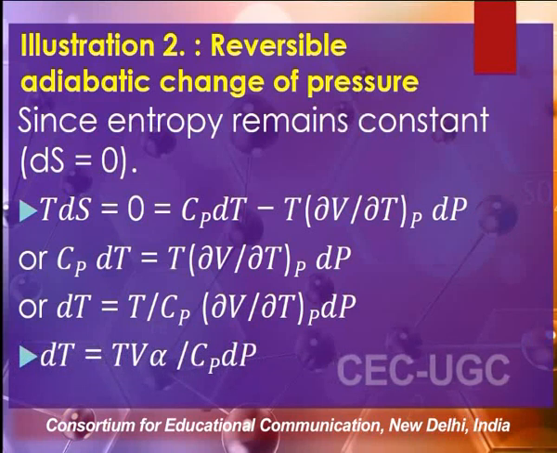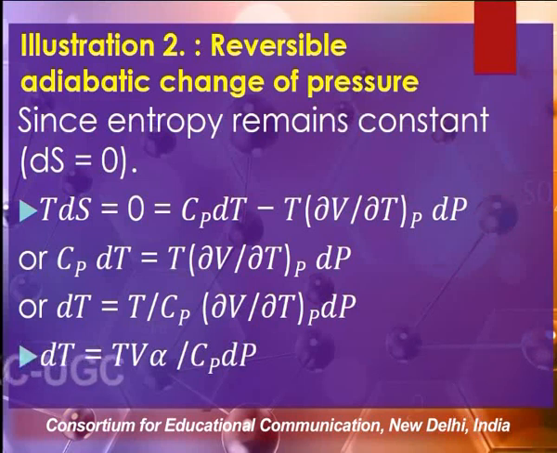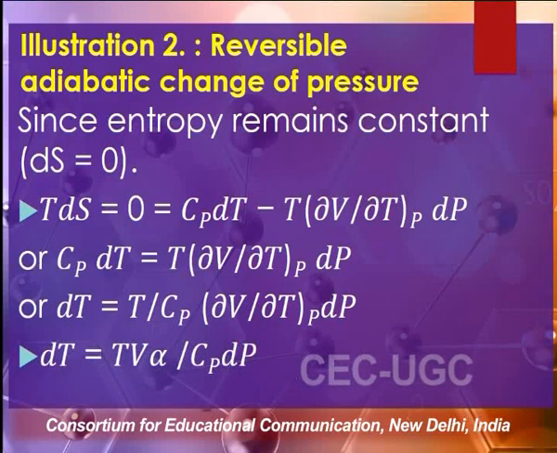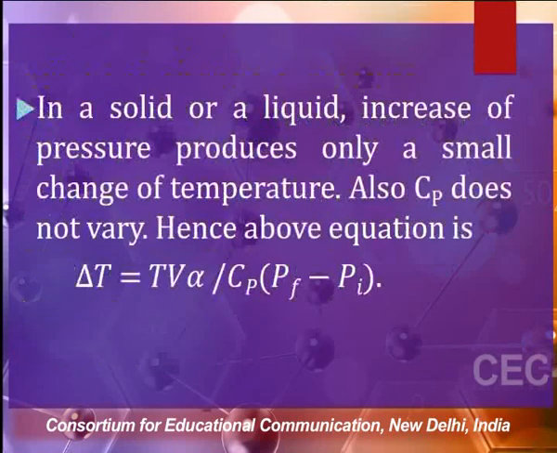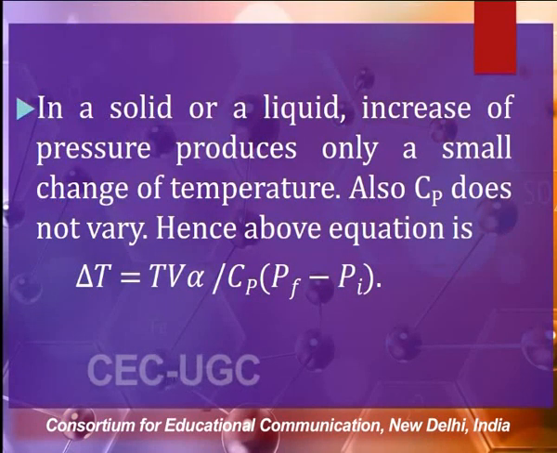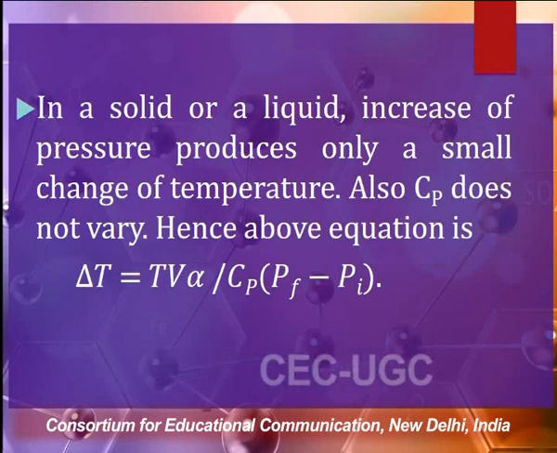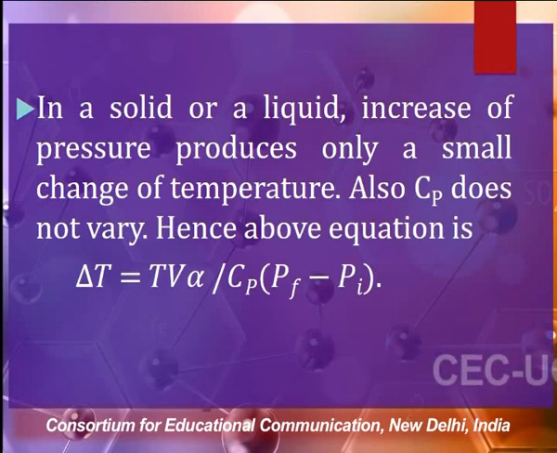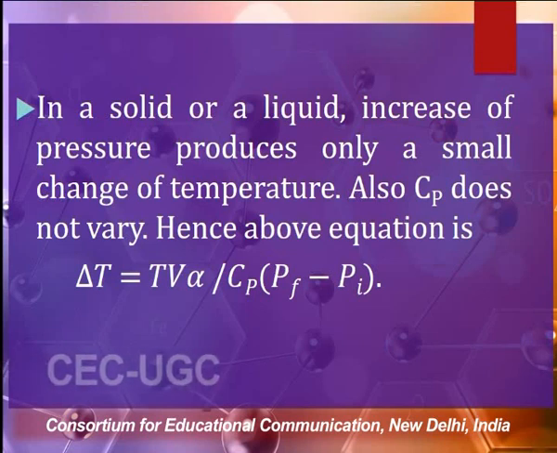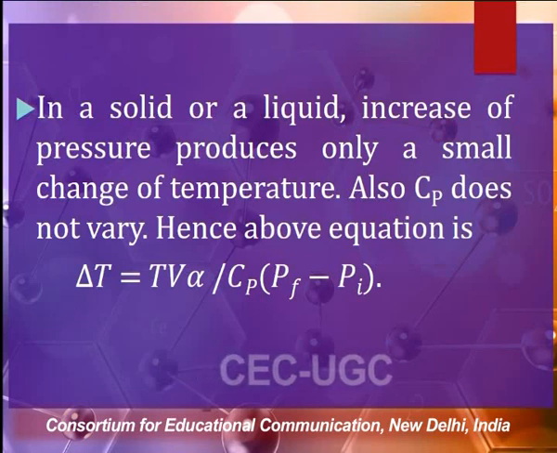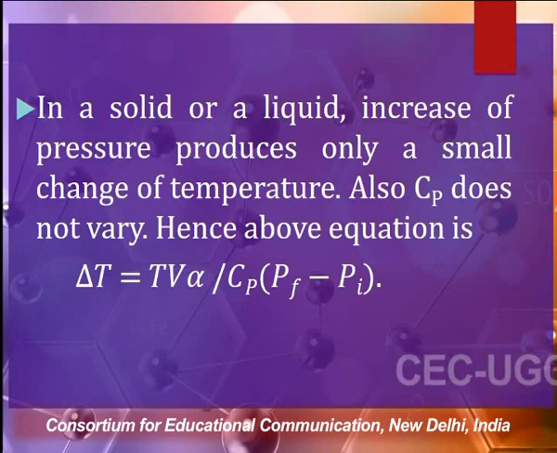Now what is (∂V/∂T)? It is alpha V. So we get dT is equal to TV alpha by Cp into dP. So this means that in a solid or a liquid, increase of pressure produces only a small change of temperature. Also, Cp does not vary. Hence, the above equation becomes delta T is equal to TV alpha by Cp (Pf minus Pi).